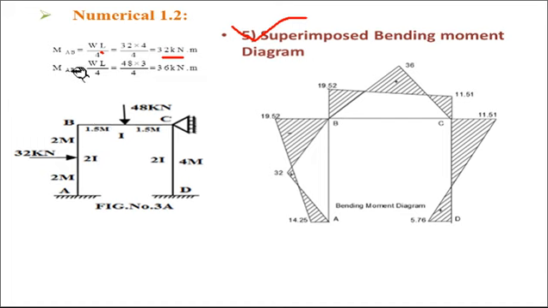And for BC span, WL by 4, W is 48 into 3 divided by 4 becomes 36 kilonewton meter. So these are the free bending moments for AB and BC respectively. Okay. Now draw the bending moment diagram.